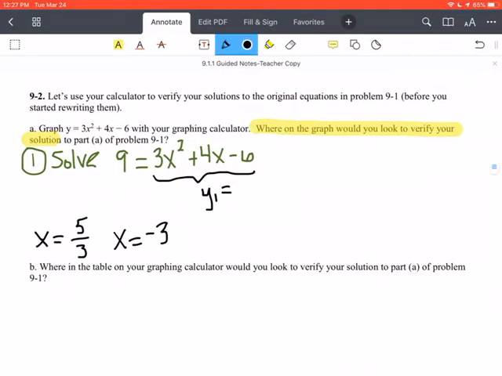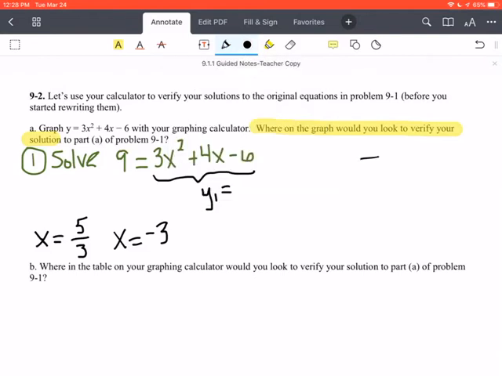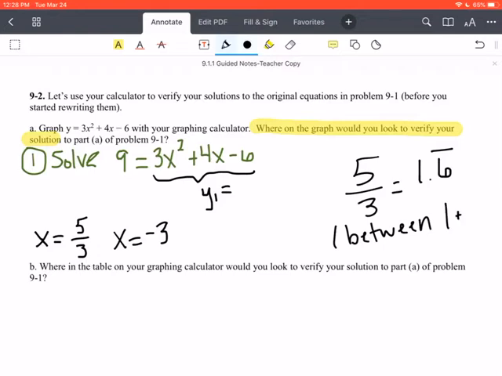Okay, so now if we go back to our note sheet and we look at the solutions that we got, our first solution said x equals 5 over 3. Well, what is 5 over 3? It is 1.6 repeating. And what did I say that x was approximately at? Between 1 and 2.